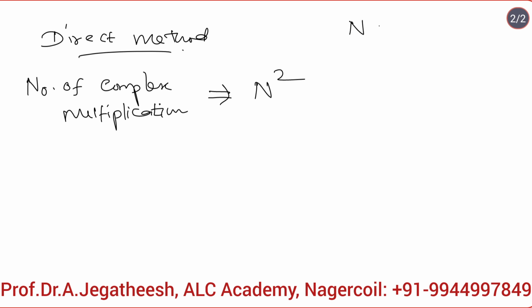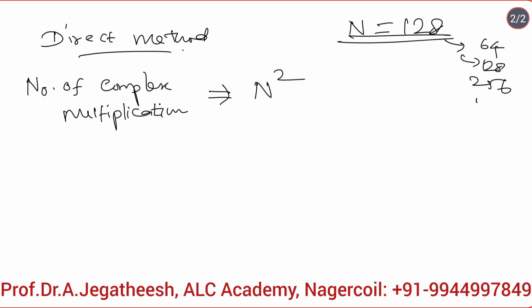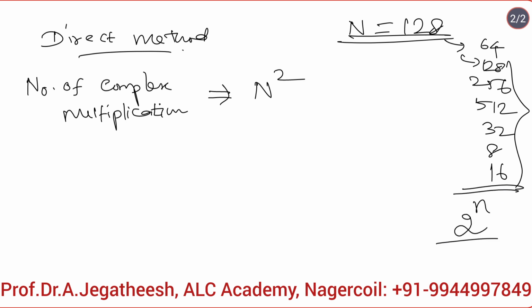Now we can consider N is equal to 128. In the examination you may have N equal to 64, 128, 256, 512, 32, 8, 16, etc. Everything will be in the power of 2.